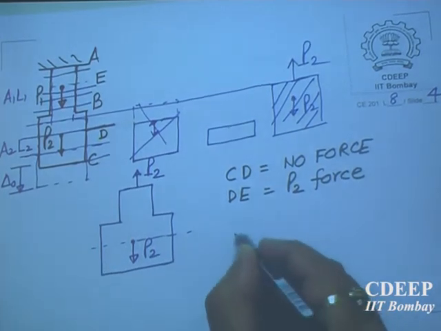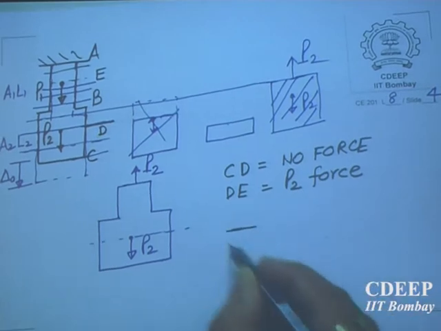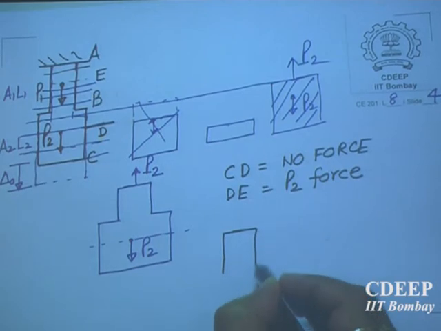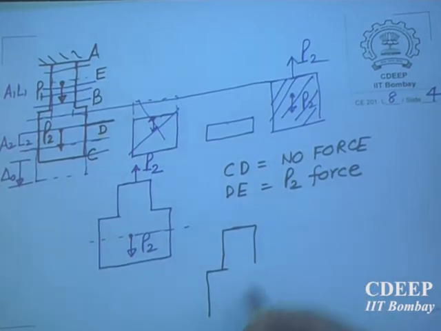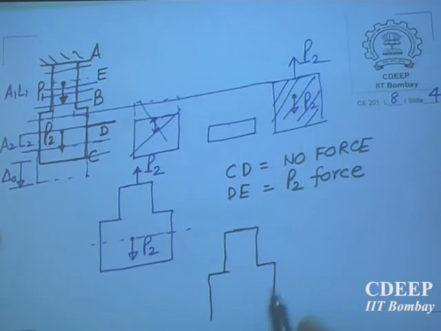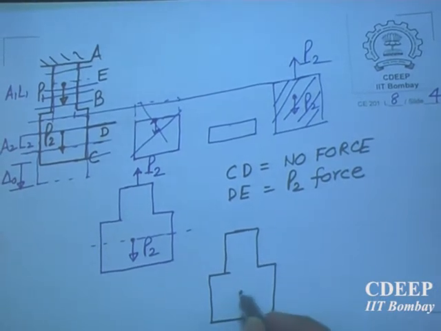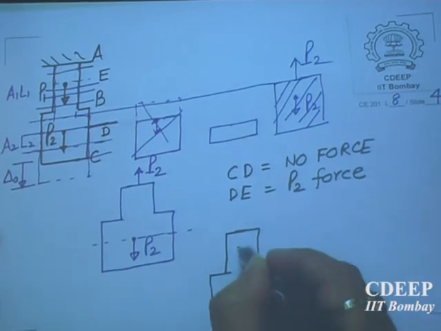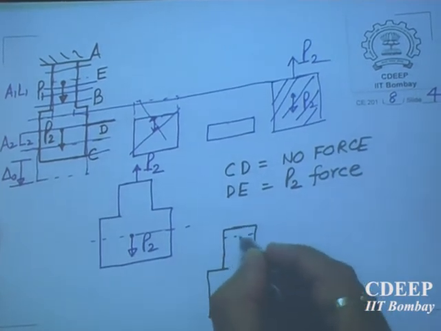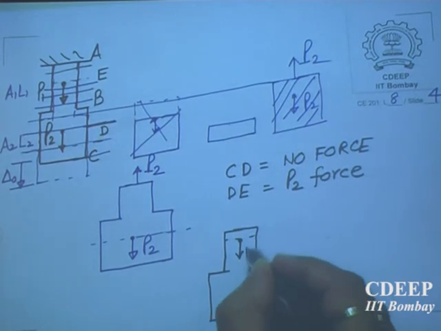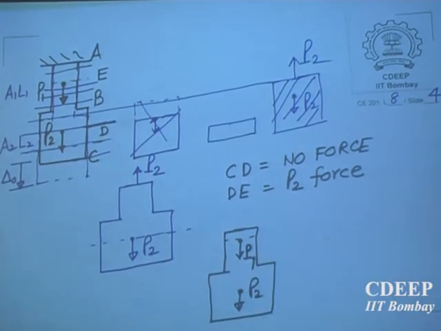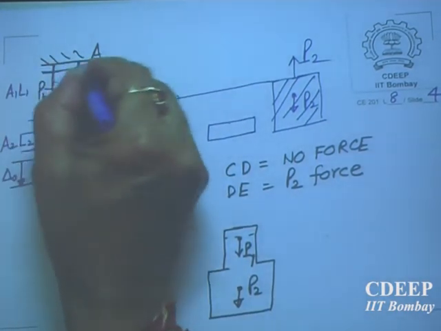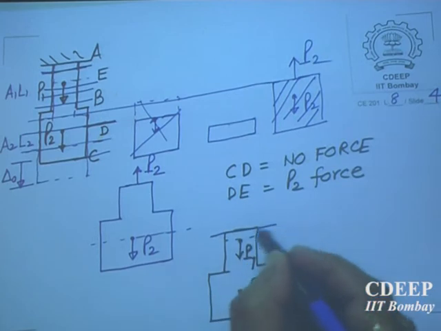So learn how to draw free body diagram. There is a force here, P2, in the center of this, and then here there is a force P1. So then at this cross section over here, I am drawing now this section. At this cross section, what will be the force?